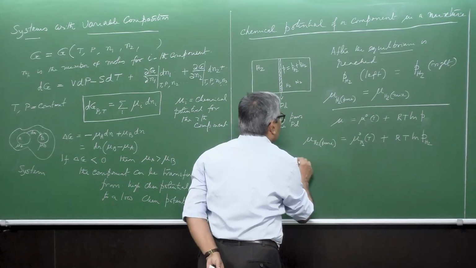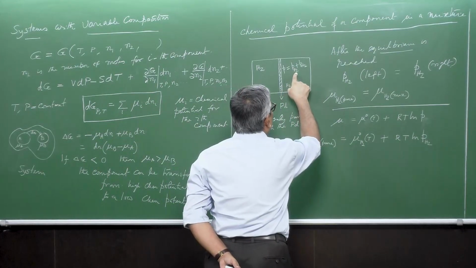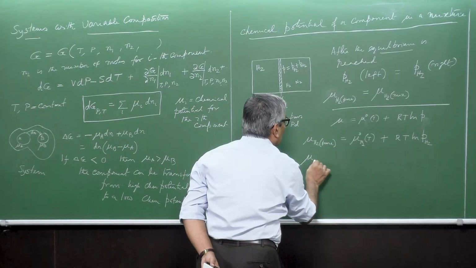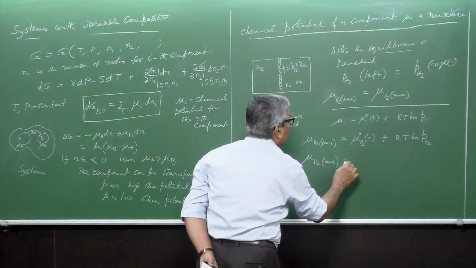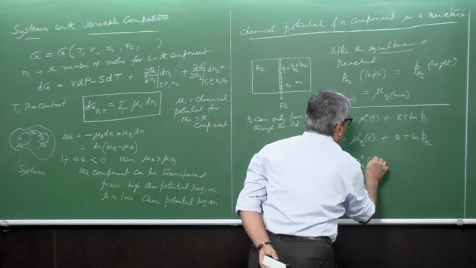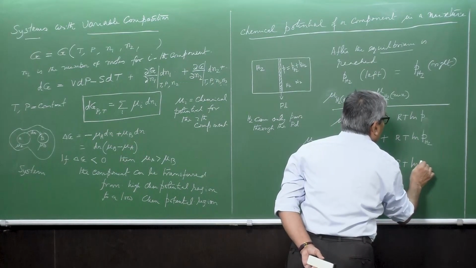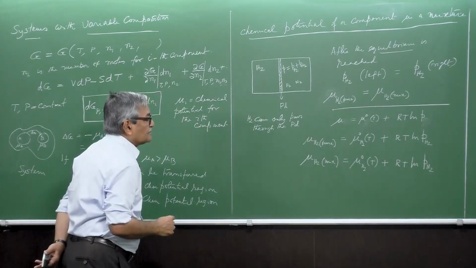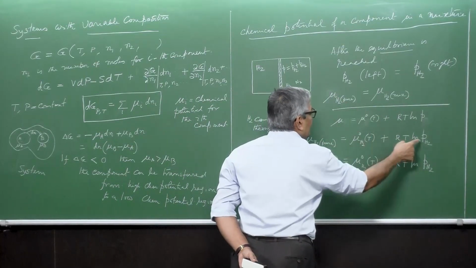Now in the mixture, we talk about partial pressures, that is P H2 and P N2. So in the mixture, mu H2 is mu 0 H2 at T plus RT ln P of H2. That has to be the same because of this condition. These two are the same.